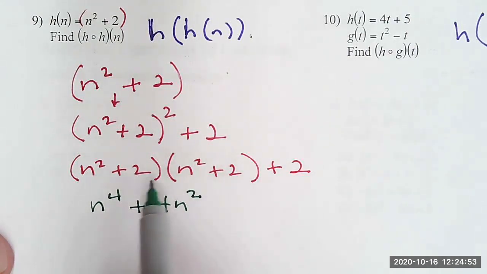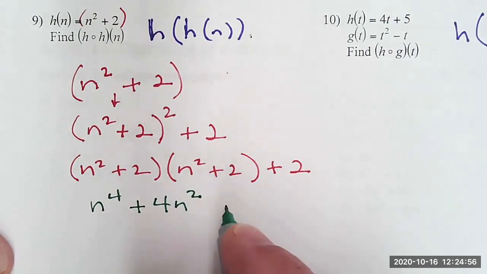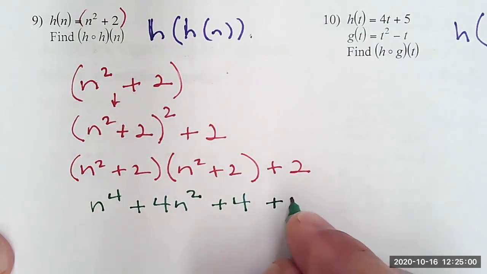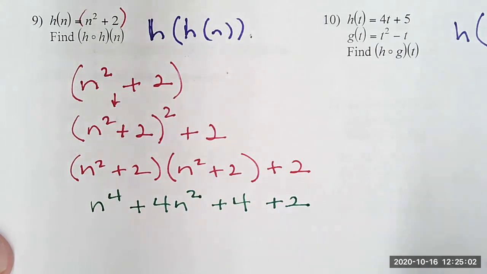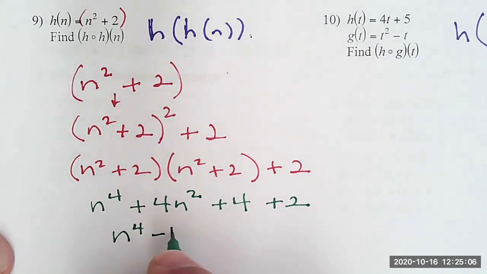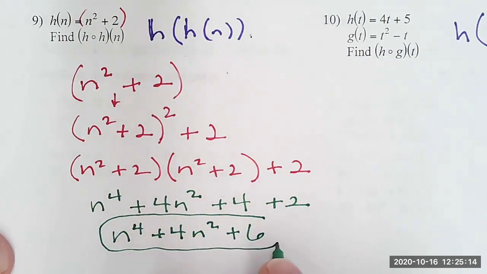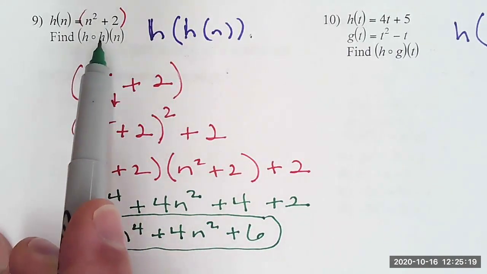The product of the last terms, 2 times 2 is 4, and then add 2. And then simplify: n to the 4th plus 4n squared, 4 plus 2 is 6. That is h of n.